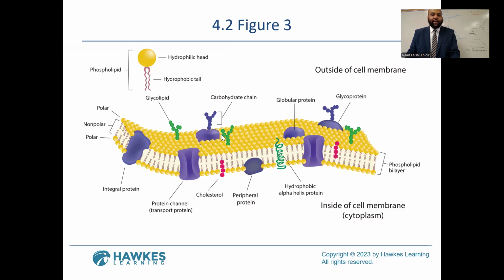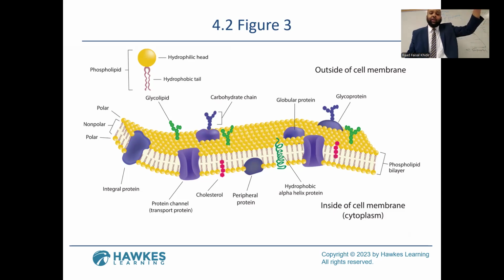So you see that the heads have proteins here. These are known as peripheral because they are on the periphery. They can be on the outer periphery or on the inner periphery, on the bottom.